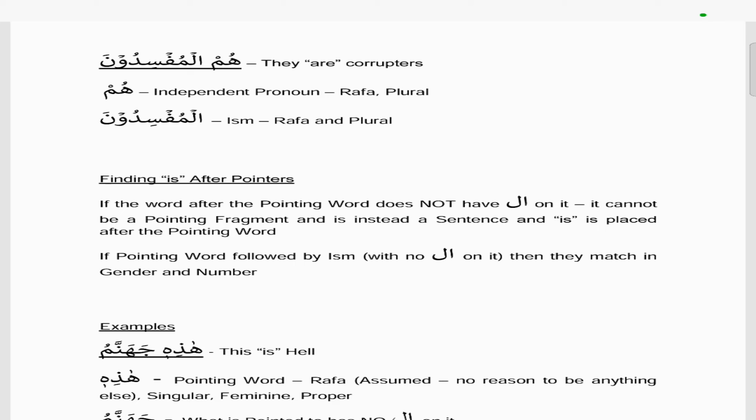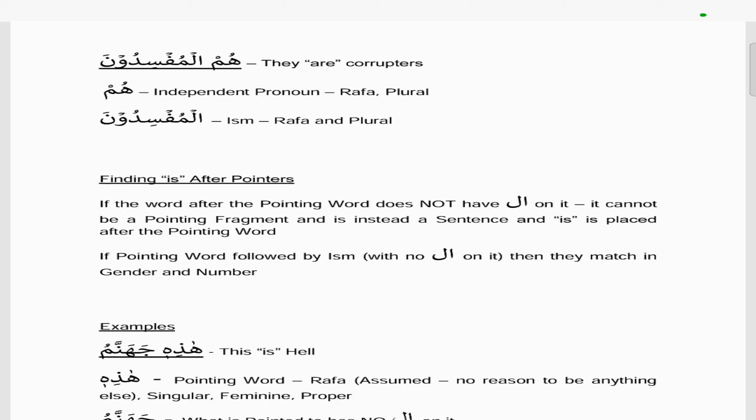Just like when we remember the mu'minuna chart, it's mu'minuna, just like this, mufsiduna. So again, the independent pronoun and the ism match in gender and number, as well as status.